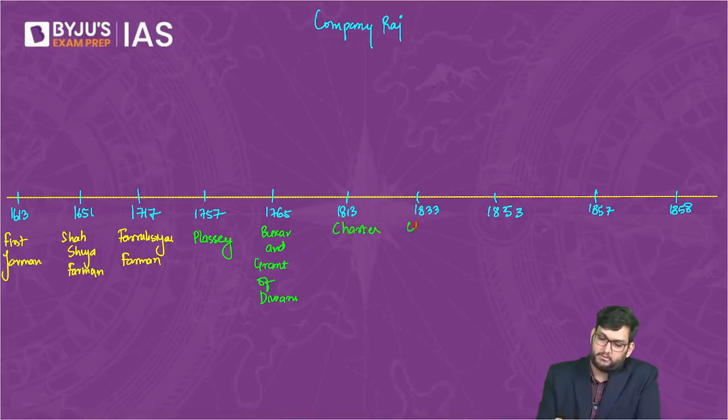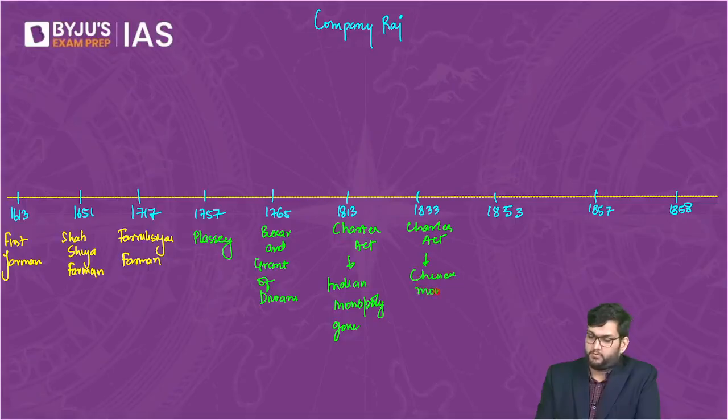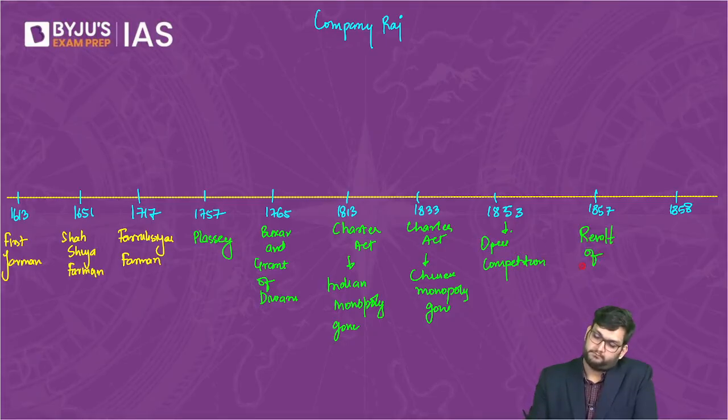Charter Act, Indian monopoly gone, Chinese monopoly gone, open competition, revolt of 1857, East India Company rule ends.